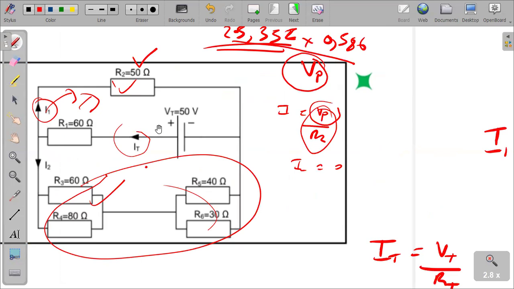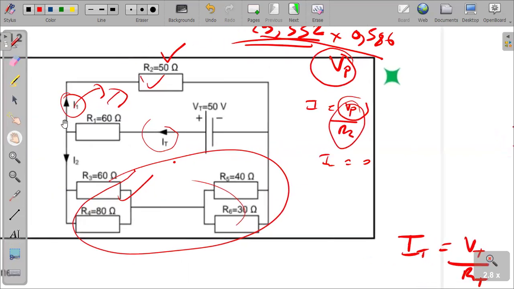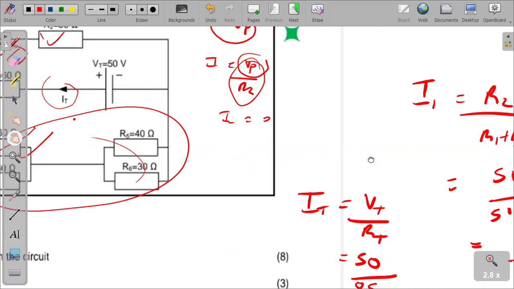So we can still do that. Or alternatively, we will now summon Kirchhoff's current law. What does Kirchhoff's current law say? It says that the current entering a junction is equal to the currents leaving the junction. The algebraic sum of currents at a junction is equal to 0, or the algebraic sum of currents entering a junction is equal to the algebraic sum of currents leaving the junction. So we can still use that, right?